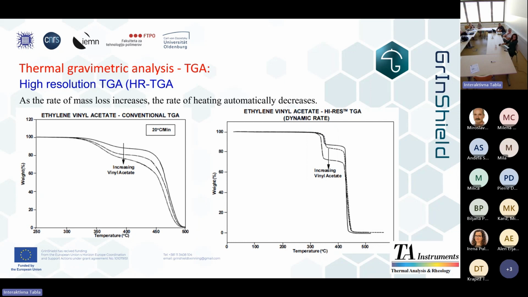We define the maximum weight loss rate, and then the heating rate reduces. So we get a much better picture, and we can easily separate and determine the structure of those copolymers.